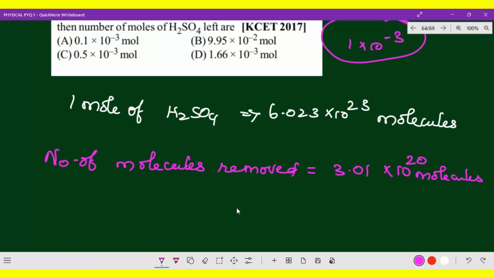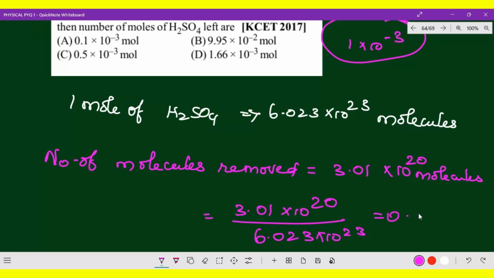So that means how much is left, they are asking now. So 3.01 into 10 to the power of 20 molecules divided by 6.023 into 10 to the power of 23. So you will get around 5, 6 5s are 30, right? So 0.5 mole you will be getting.